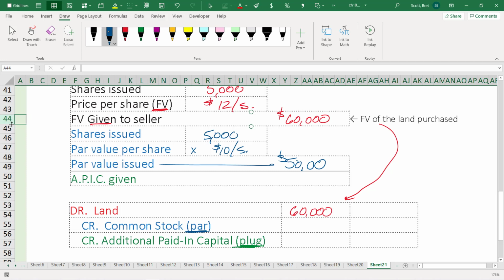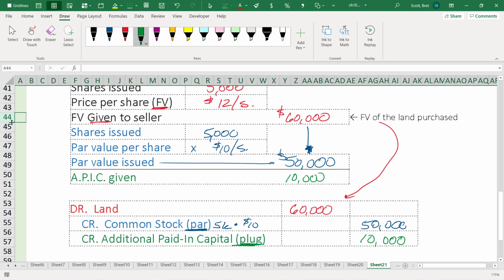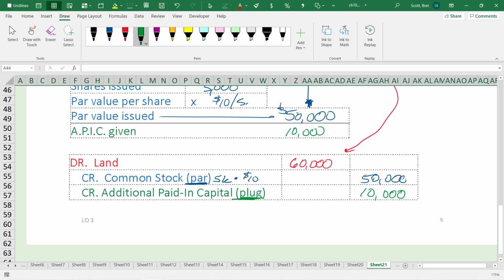Well, $60,000 is what we received in value. What we issued was $50,000 in par value, and therefore the other portion must be $10,000 in additional paid-in capital. So basically, you can simply say it's the 5K in shares times the $10 par value, $50,000. And you see in this case that we need a $10,000 plug figure for additional paid-in capital. And that's about as complicated as I want to make it for this particular topic.